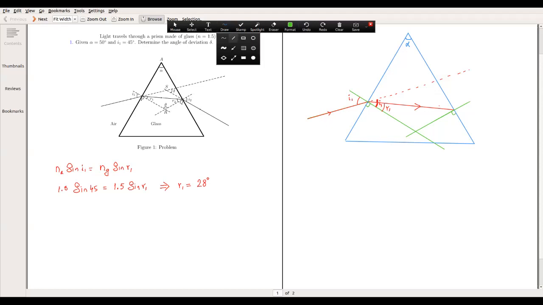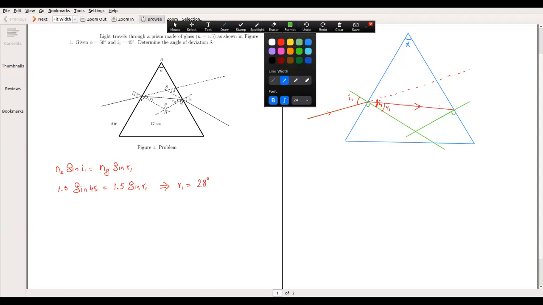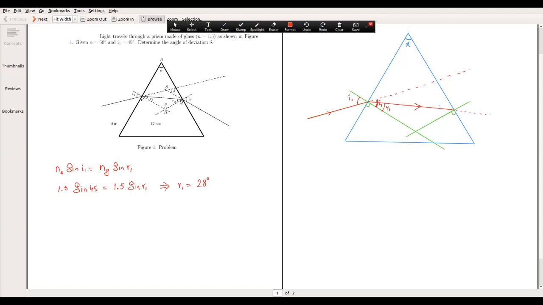Completing the ray diagram, light reaches here. It would like to go straight. If not for the interface, it would have gone this way, but this time it bends away from the normal.